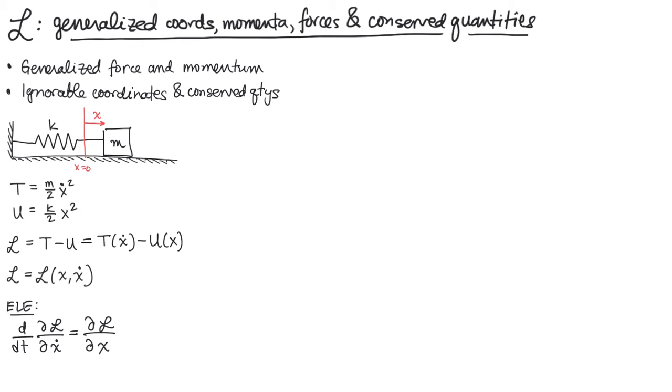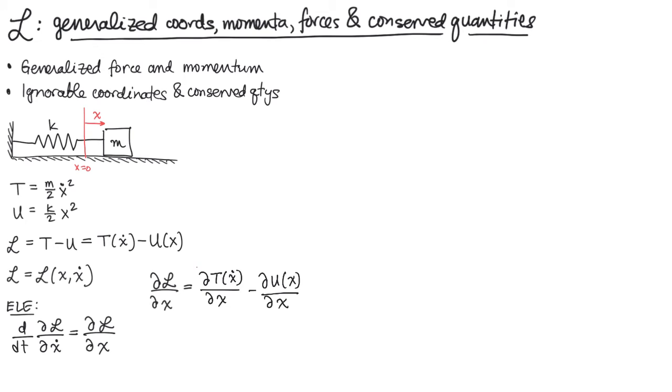So what are those partials? Let's start with the position. The partial of L with respect to x is going to be the partial of T with respect to x minus the partial of U with respect to x. But you'll notice that T does not depend on x.